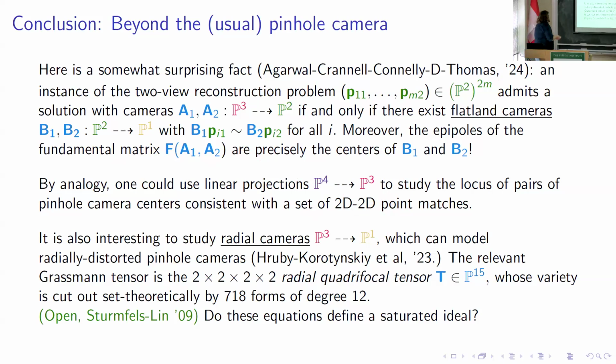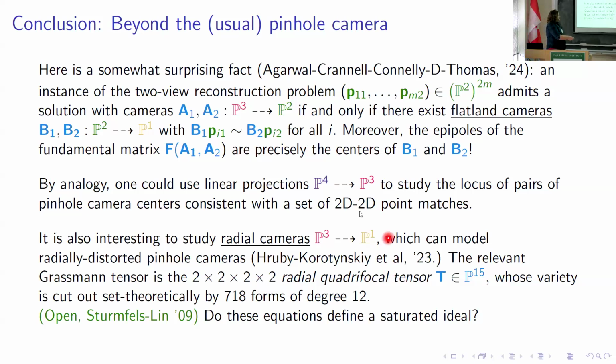By analogy, if you wanted to understand constraints on camera centers for pinhole cameras, you could think 1 dimension up and start looking at linear projections from P4 to P3. We'd like some people to explore what are the different Grassmann tensors for these P4 to P3 linear projections.